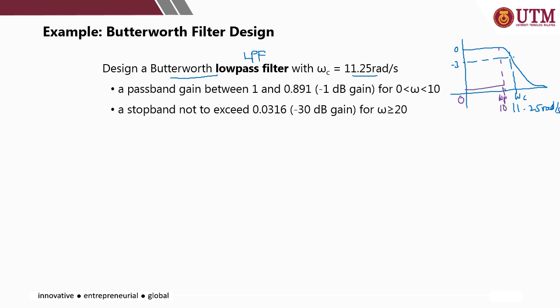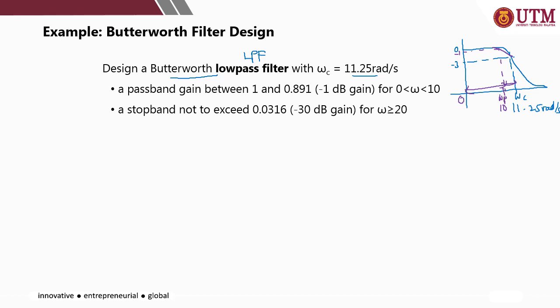So this is basically your main passband area, and some of this will be accepted as well. The gain is from 0 to -1 somewhere here before it starts to drop down. And then a stop band not to exceed -30 dB.